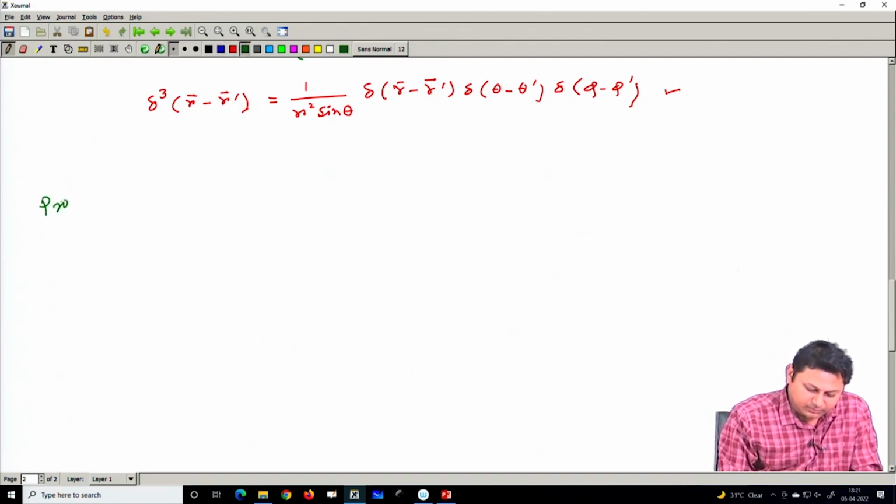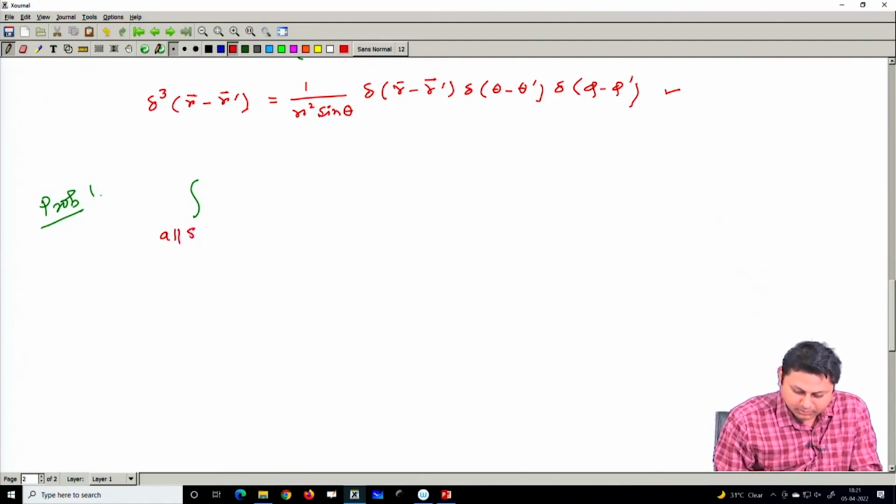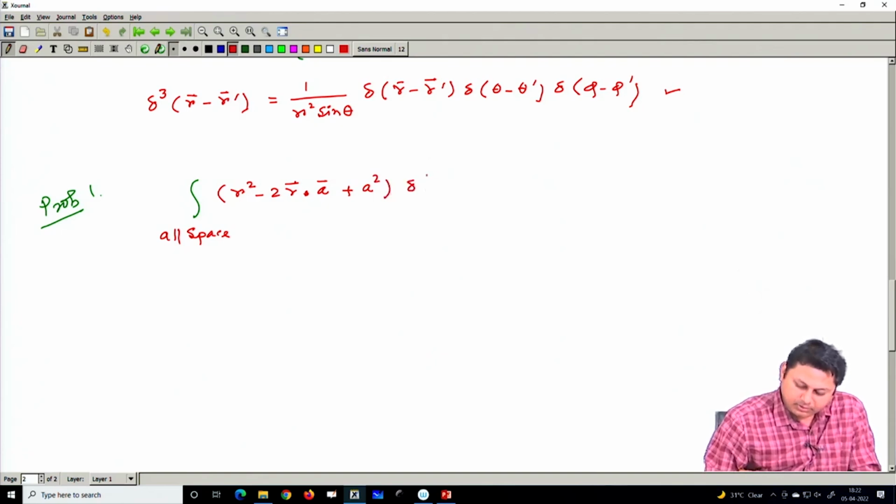So, we will have problem 1, and this problem 1 is saying: find the value for all space, where the function is defined in this way: the integral of r square minus 2 r dot a plus a square, times delta cube r minus a, dv.